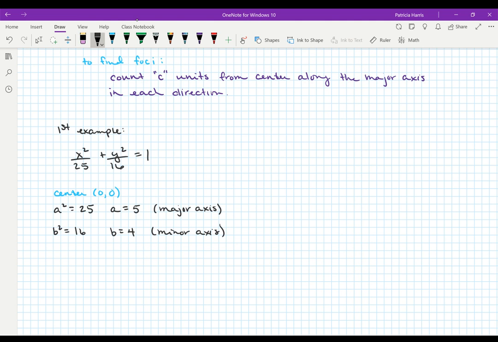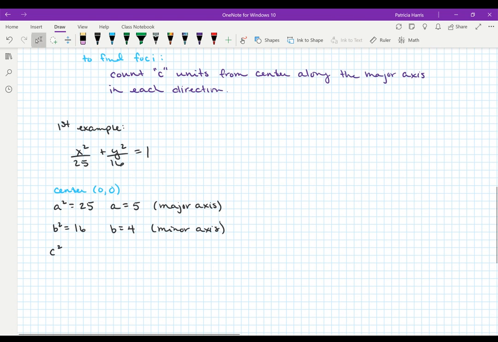Okay, all right, and now c. We can also write c squared. You might see that as well. Which is a squared minus b squared.